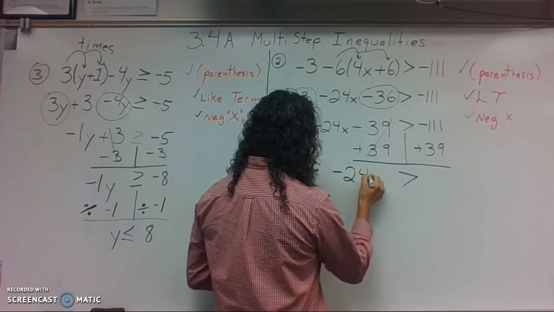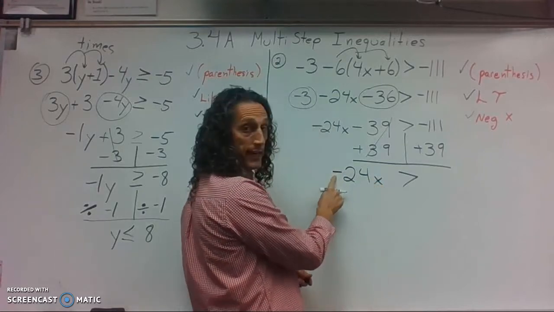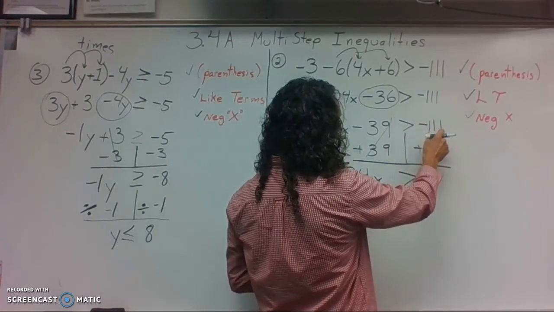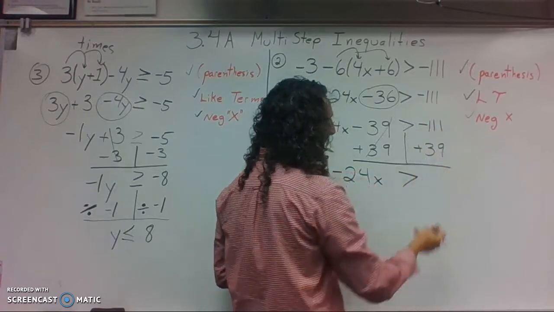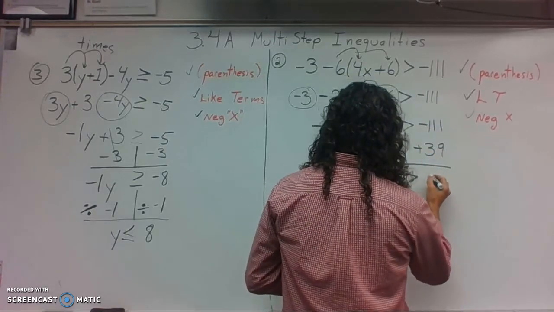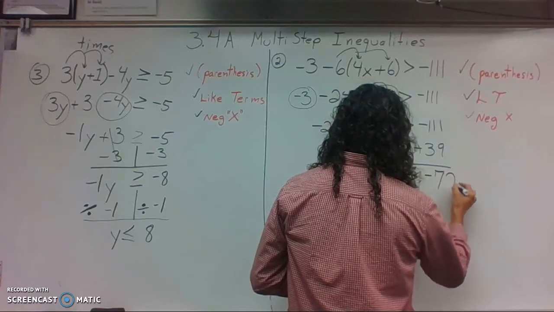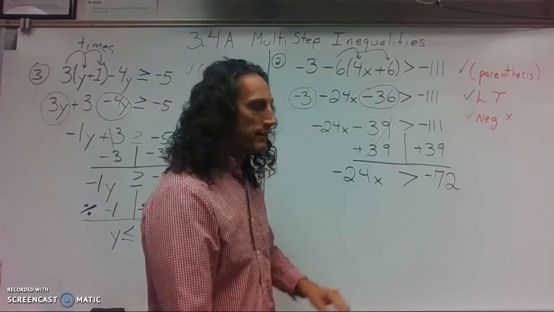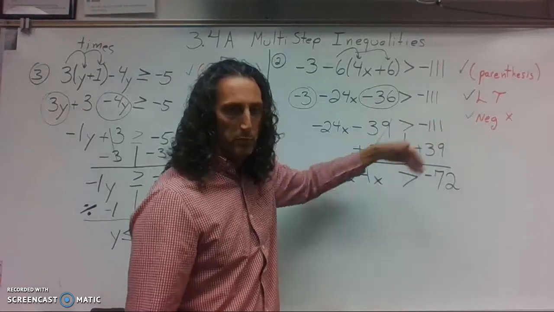Negative 24x. Make sure that negative comes with it. And then here, even though you go negative 111 plus 39, they're on different teams. We're going to subtract, and we should get a negative 72. All right, so we get a negative 72 because the negative 111 has more players.